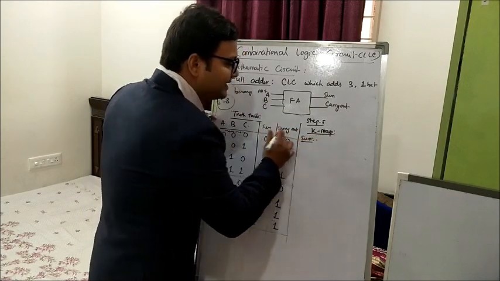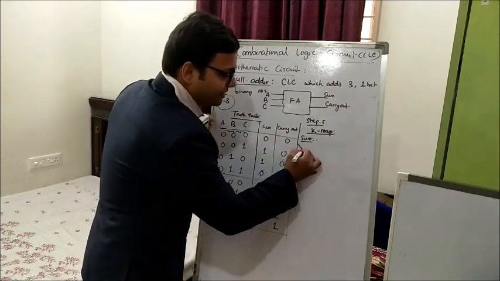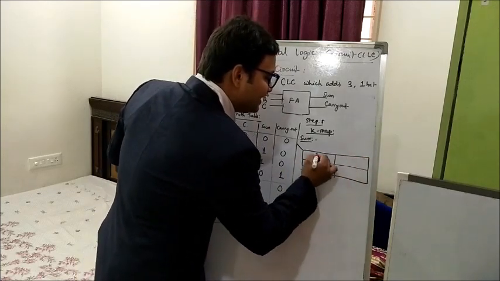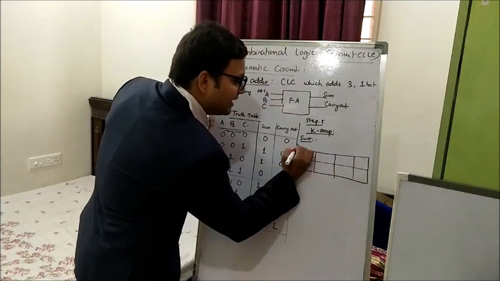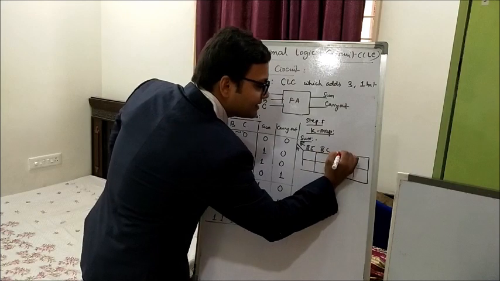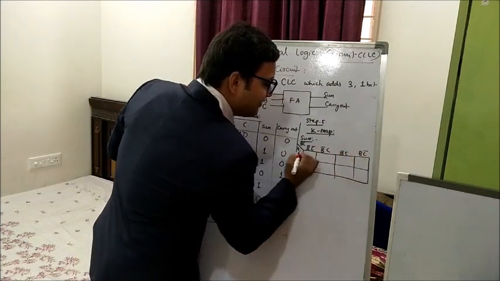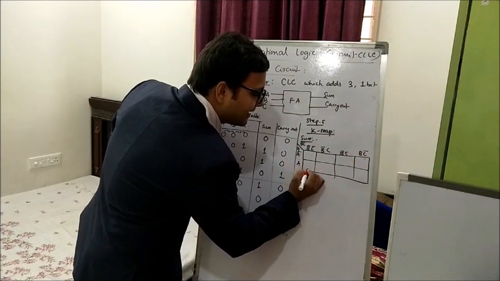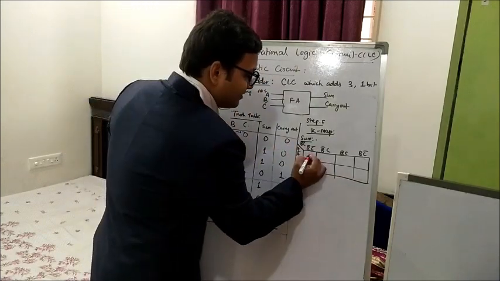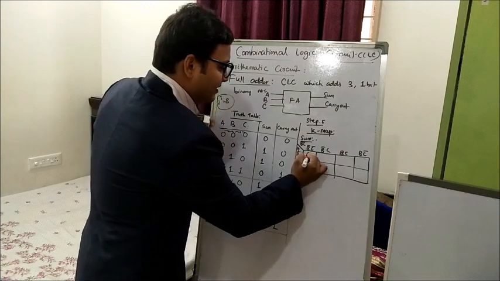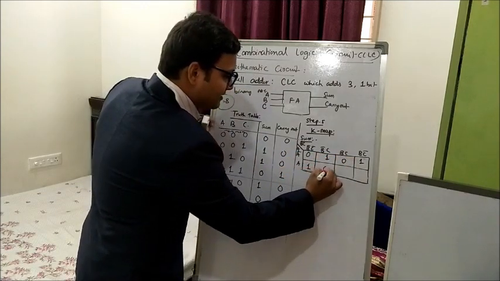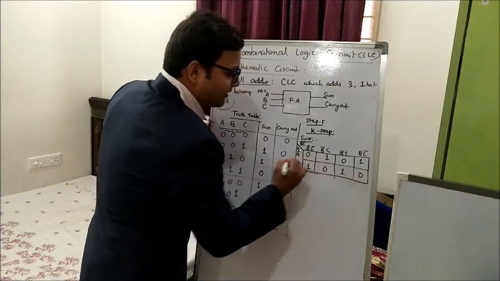So it's a 3 variable K-map. 3 variable K-map means, as we have seen in the earlier classes, A, B and C. So this is B bar C bar, B bar C, B C, B C bar. It has been obtained with the help of Gray coding. I have already discussed this many times in my previous classes. So this is my values: 0 1 1 0 1 0 0 1.